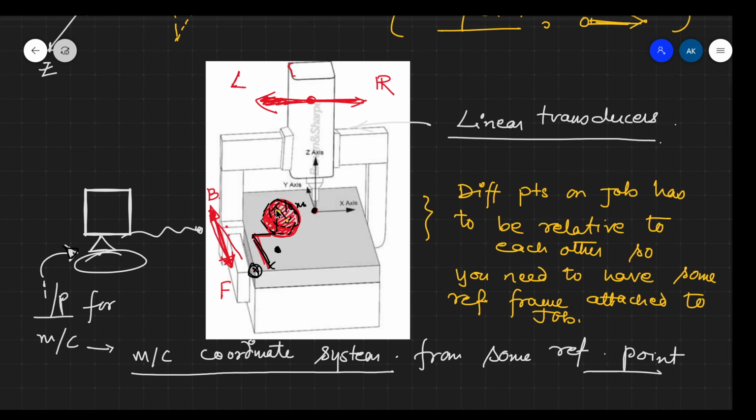So this 10 mm is the relative distance between these two. When you say relative distance between these two, it's always better to fix a coordinate reference point on the job, and that will be called the part coordinate system. We will write this as PCS, part coordinate system.